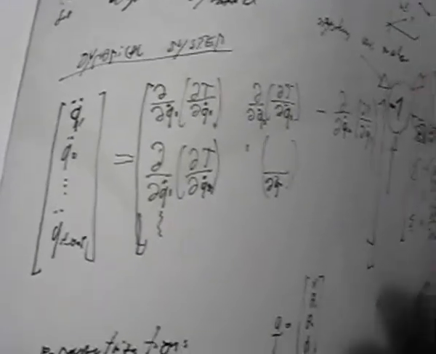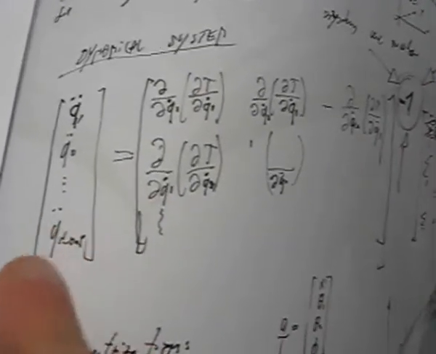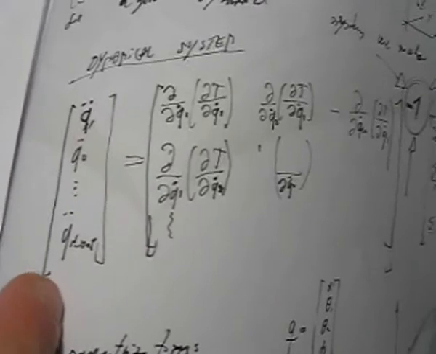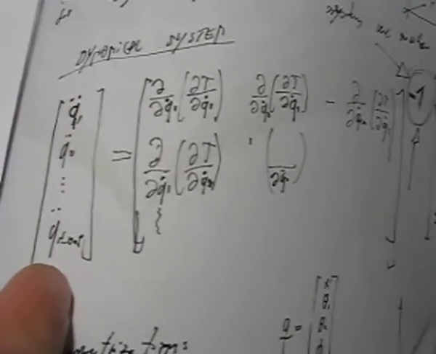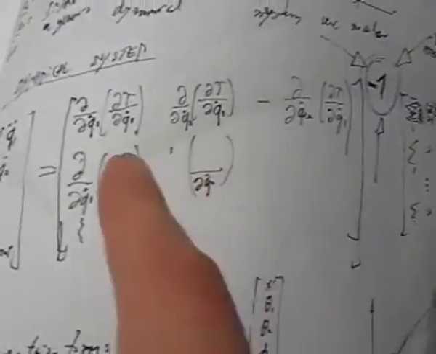So actually, after having discussed these things, one can write directly the expression that gives the q double dot. This way almost resembles Newton's second law. Done. The A is calculated.